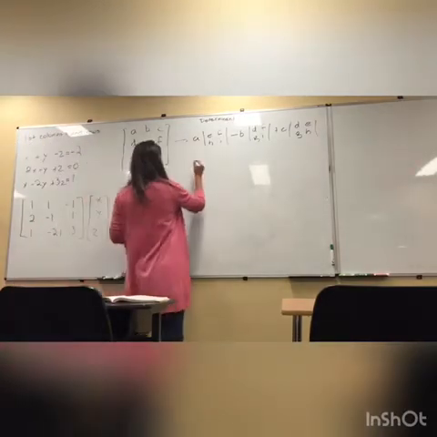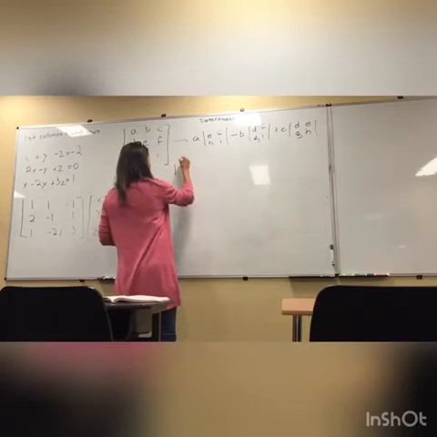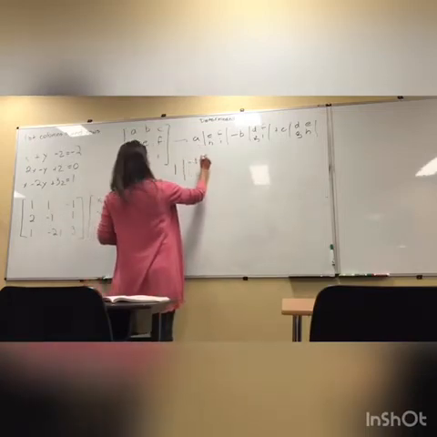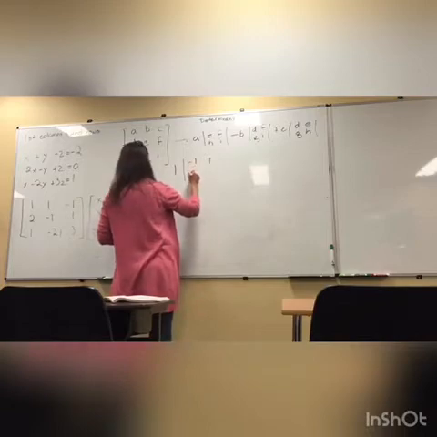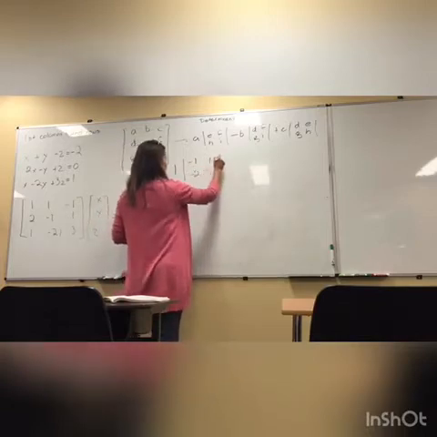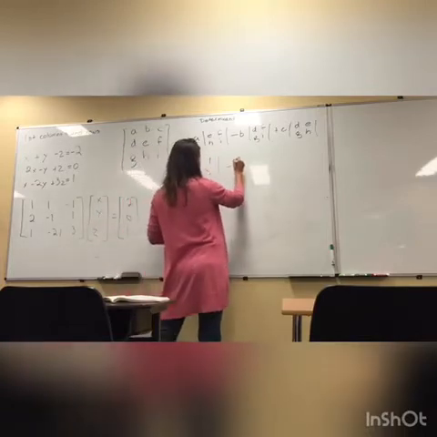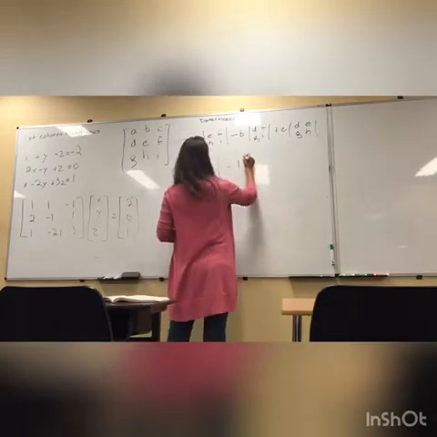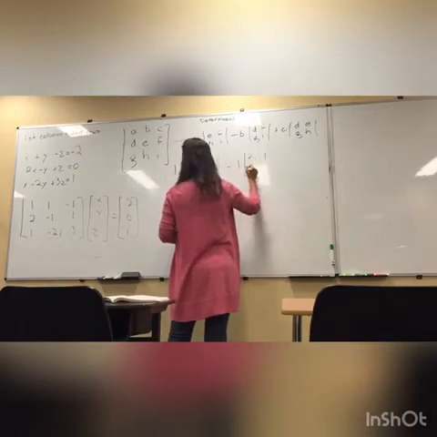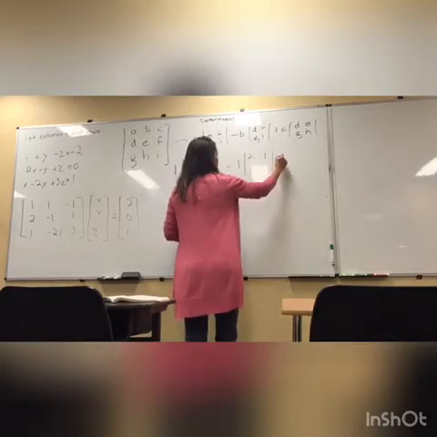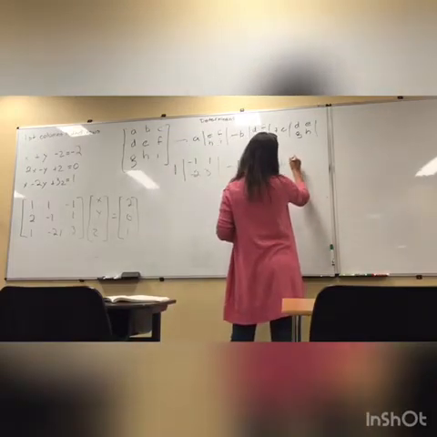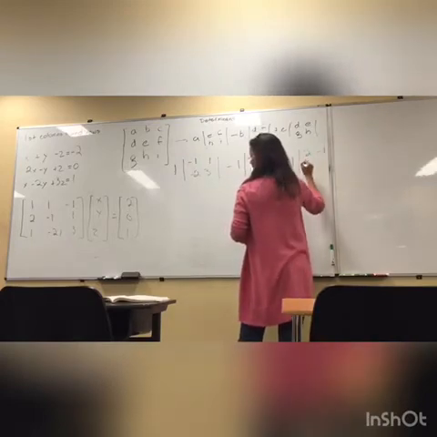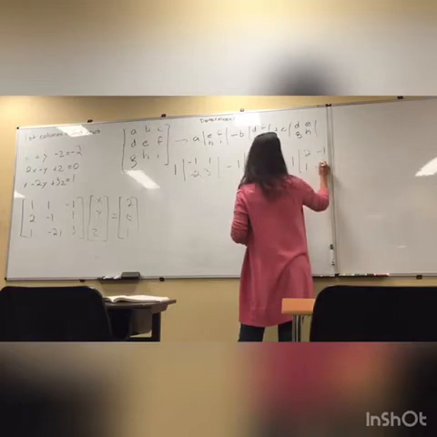What's a? 1, right, times -1, 1, -2, 3. Then we do minus 1, and we get 2, 1, 1, 3, plus -1, 2, -1, 1, -2.